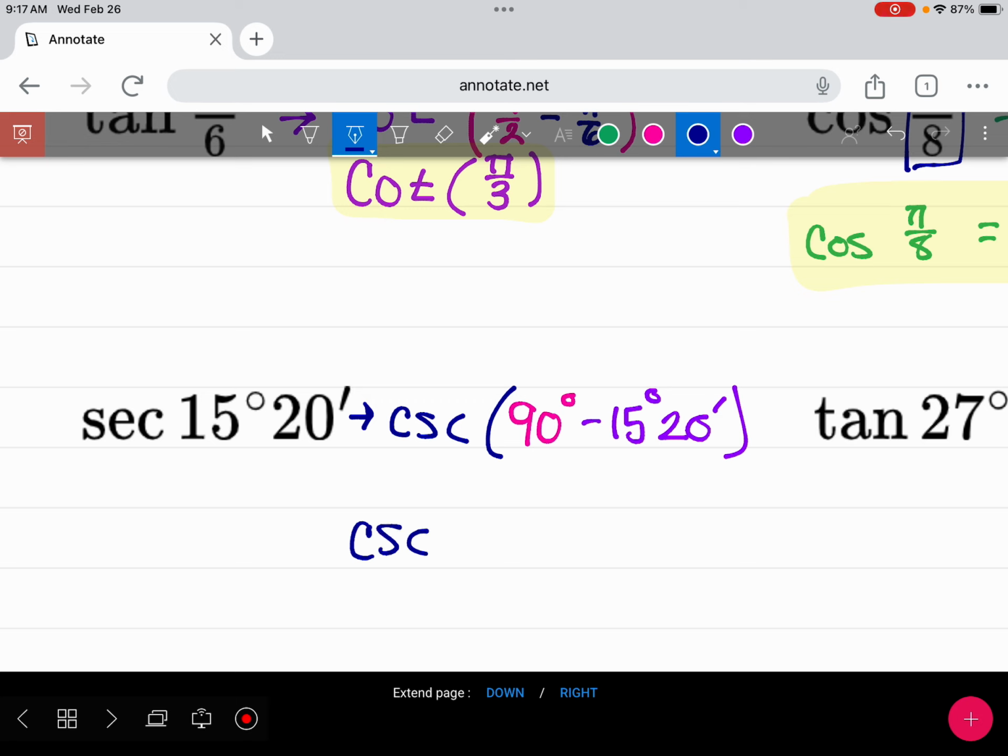What are we going to get for our angle for our cosecant? What is 90 degrees minus 15 degrees in 20 minutes? 74. 74 degrees and how many minutes? 40 minutes. Because there's 60 minutes to a degree. Think of it like minutes on a clock.